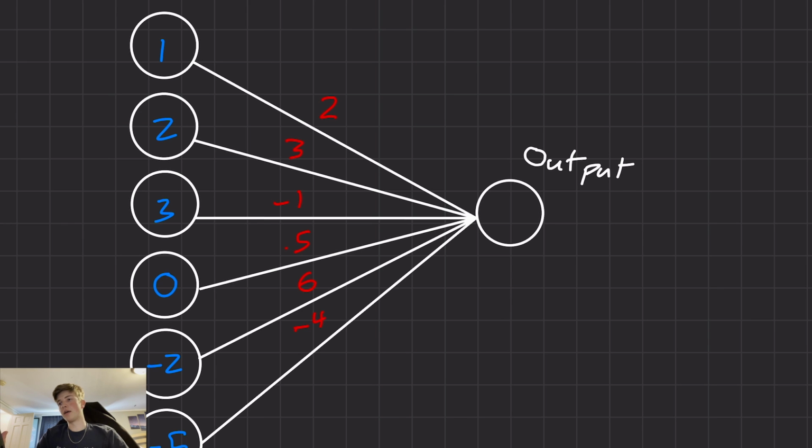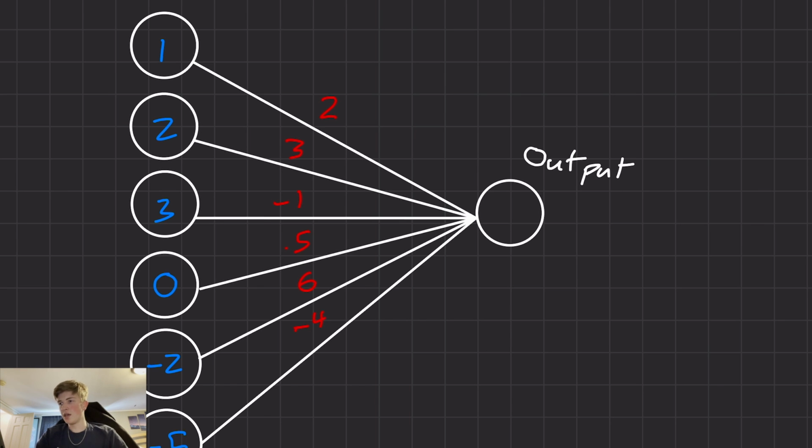So, in the introduction, I talked about weights visually as that line between the neuron and the output neuron in the next layer. So I've done a little bit of a close-up here, and I've actually included the numeric representations of all those weights.